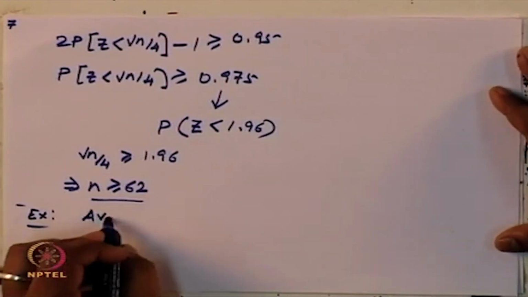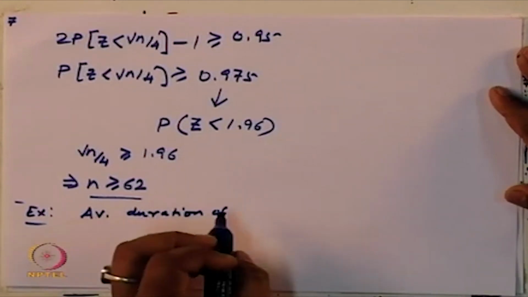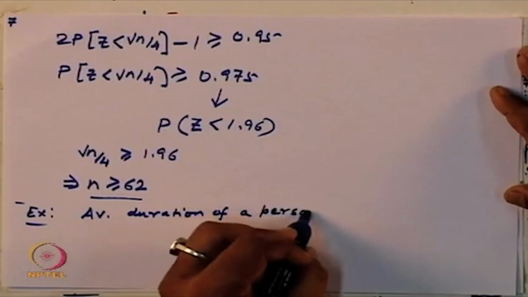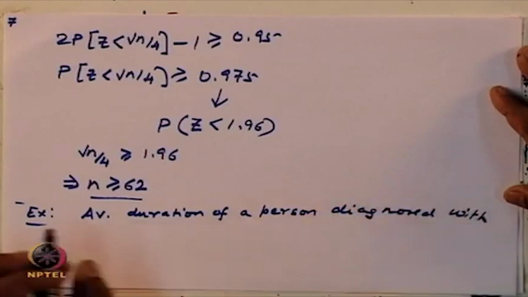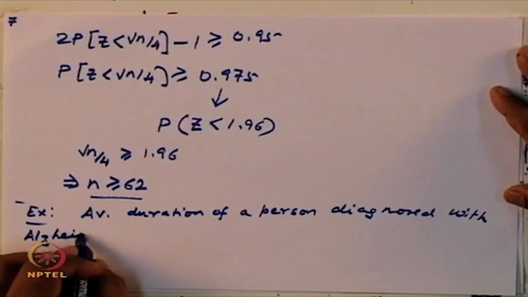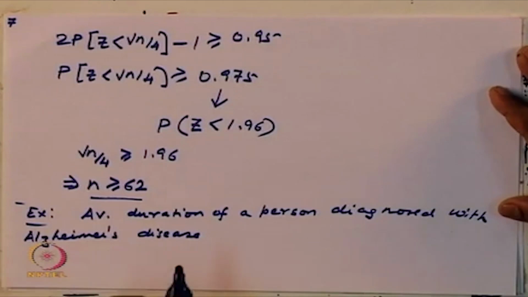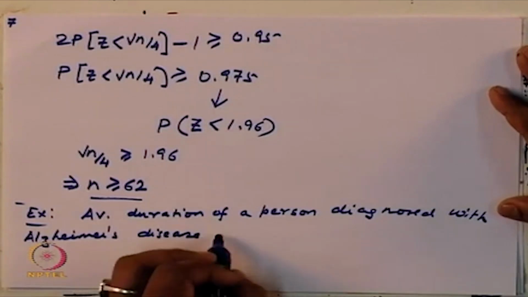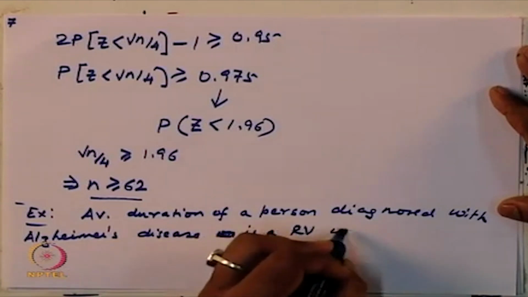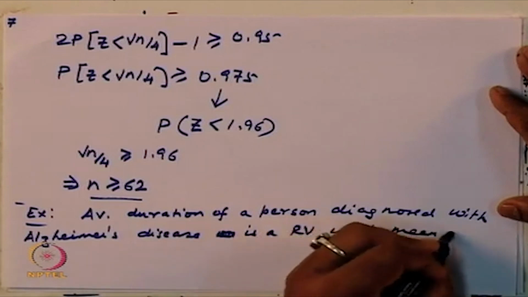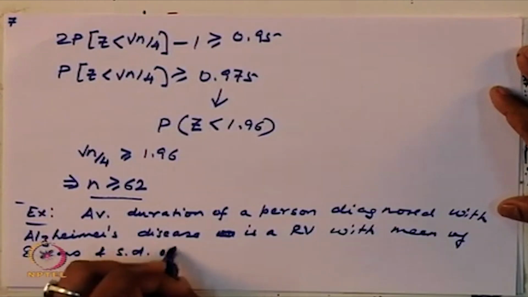Imagine the average duration of a person diagnosed with Alzheimer's disease is a random variable with a mean of 8 years and a standard deviation of 4.